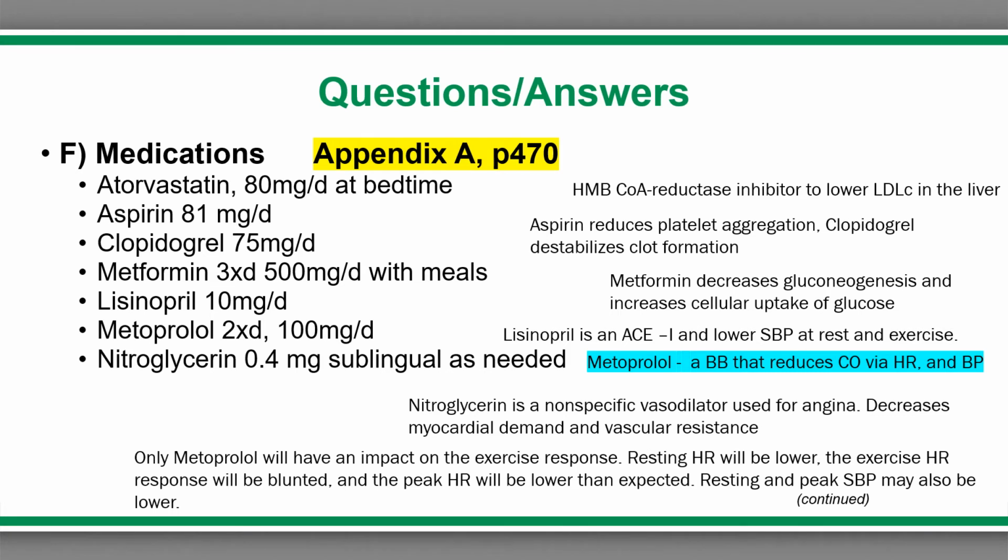So only metoprolol will have an impact on the exercise response. So for that question, we want to identify what the drug does, and I should have put in there a normal recommended dosage, and the only one we have to be concerned about is that metoprolol. But we still want to make sure that we are aware of all the medications and what effect it will have on the exercise or cardiovascular response, and also exercise tolerance.